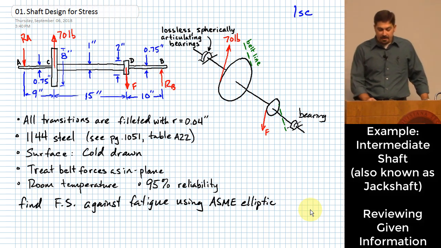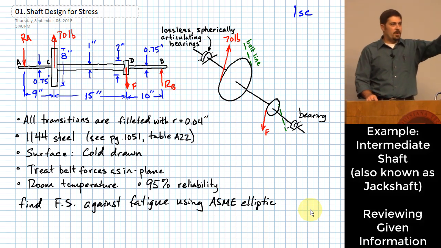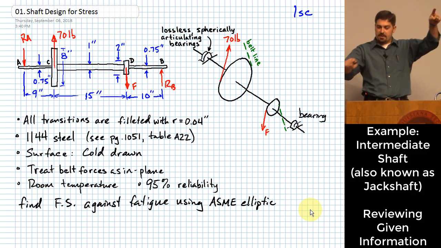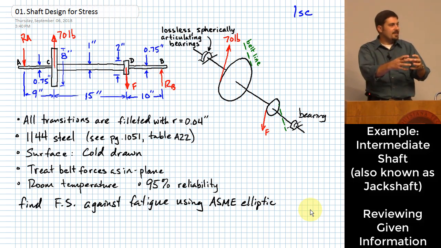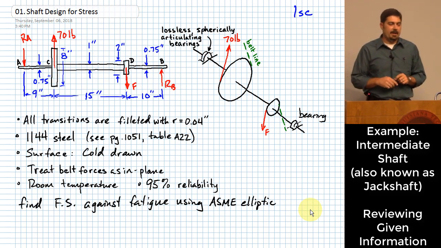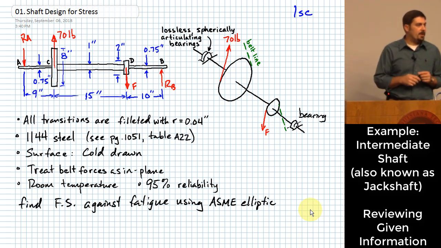You may have a source of energy somewhere, and you're trying to transmit that energy somewhere else, and you may have to first transmit that energy from whatever your source is into some other shaft. By doing this, you can do things like apply mechanical advantage. And there may be other reasons why you might want to do this as well.